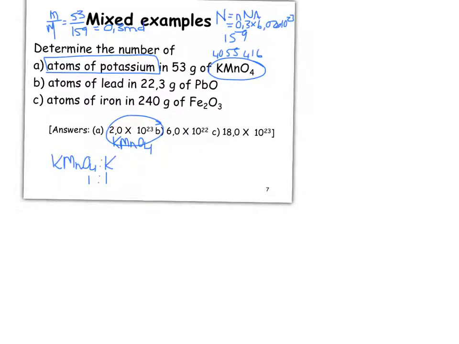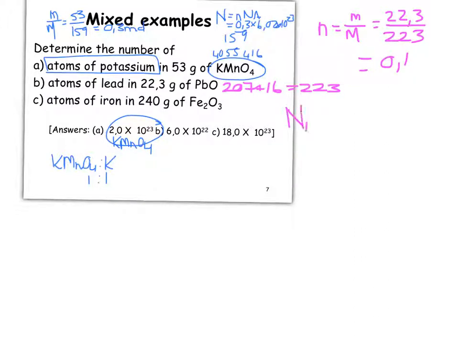So the first thing to do is to find the molar mass of lead oxide, and the molar mass of lead oxide is 207 plus 16, which equals conveniently 223. So now you're going to say that number of moles is equal to mass over molar mass, which is equal to 22,3 over 223, which equals 0,1.